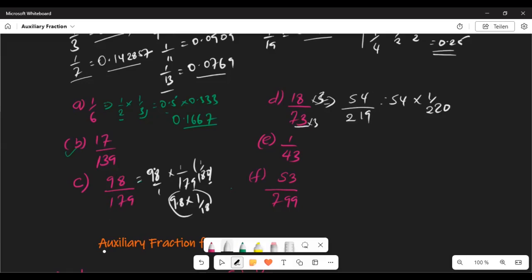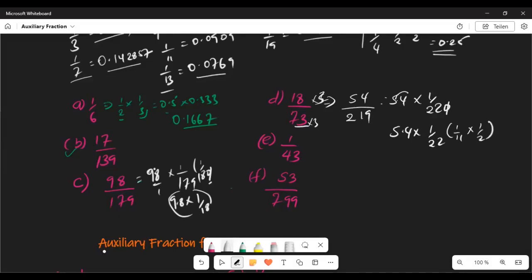Okay, so in this case, this 0 is going to convert this one to 5.4 multiplied by 1 over 22. Okay, so after doing that, the next thing we're going to work on is 1 over 22, which is easy because this can also be written as 1 over 11 multiplied by 1 over 2.